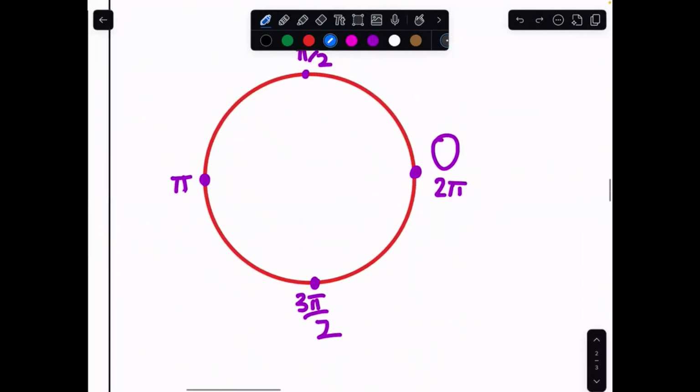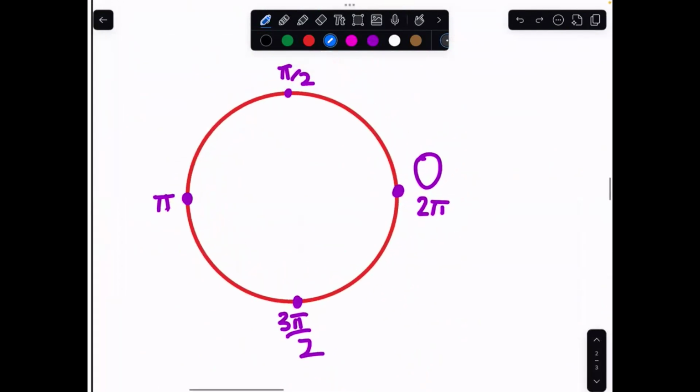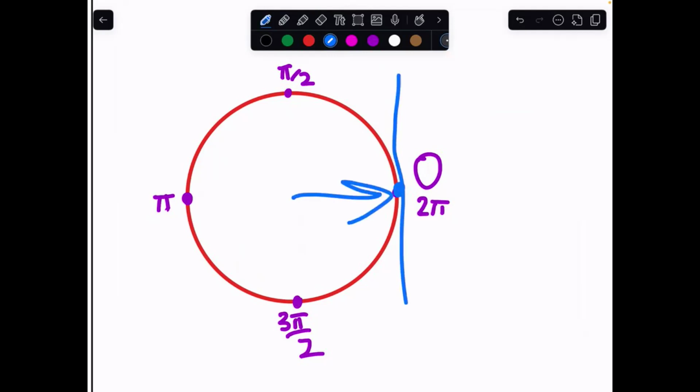But this time there's no coordinate plane, so we can't call this point 1 because maybe it got shifted over, maybe it got translated. But what we do know is that this point is the biggest x value on the whole circle. It's the furthest right.